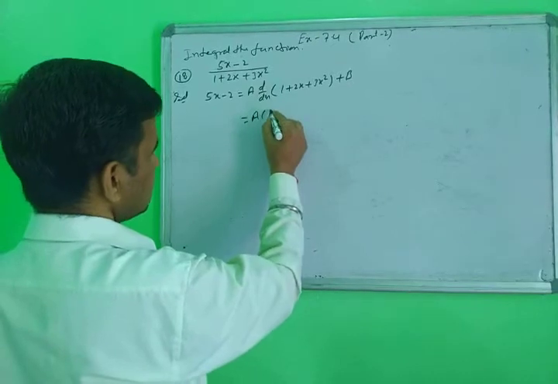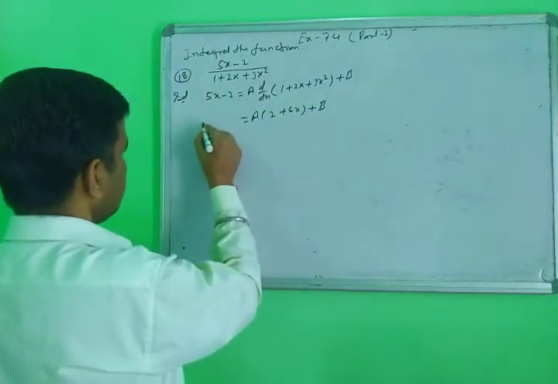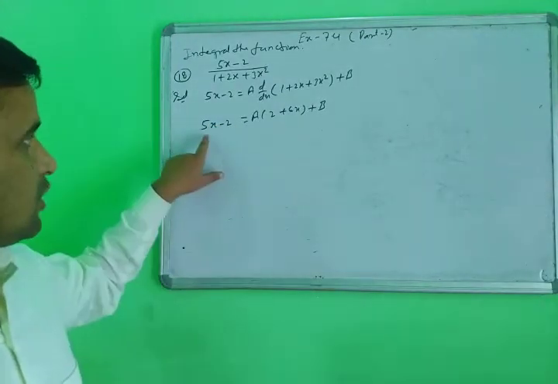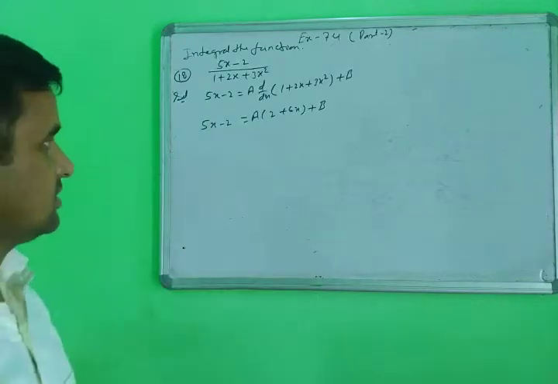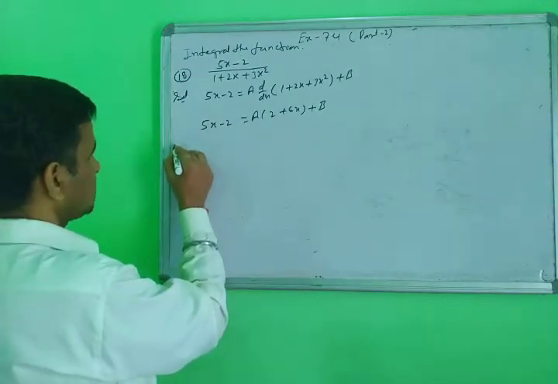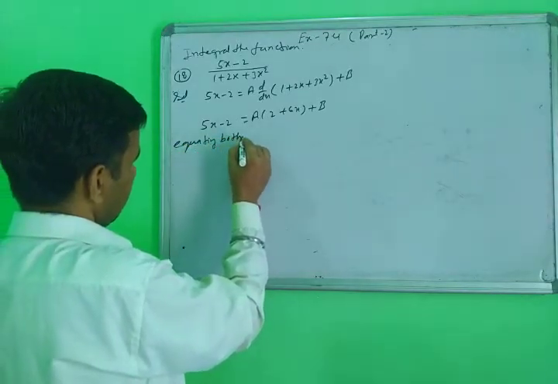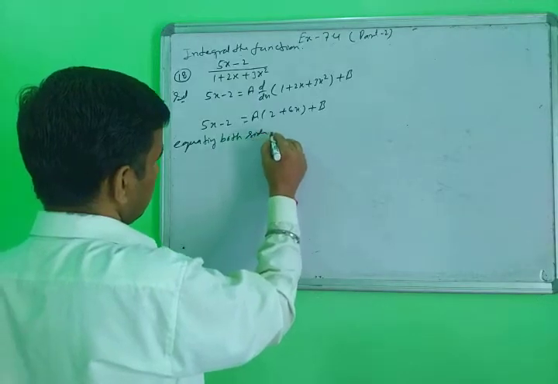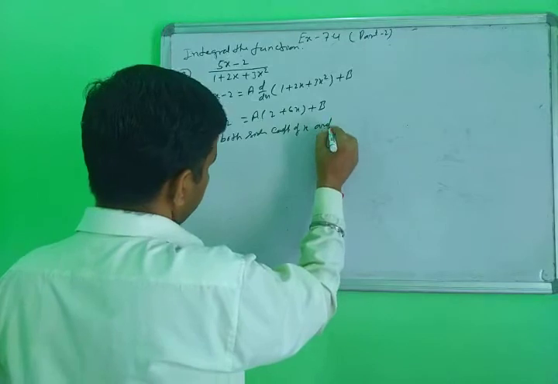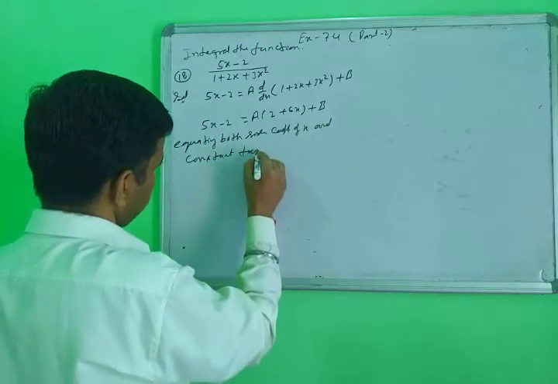Differentiating this gives a times 2 plus 6x, plus b, and here 5x minus 2. After that you equate both sides, the coefficient of x and the constant term.